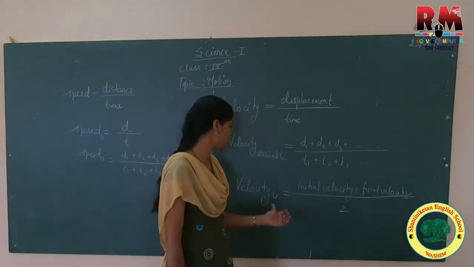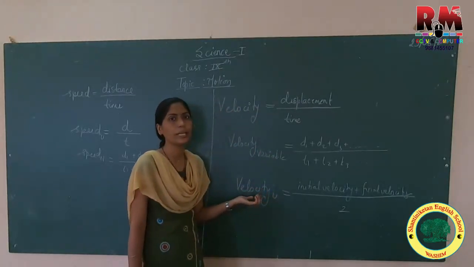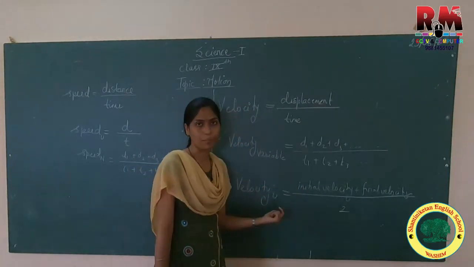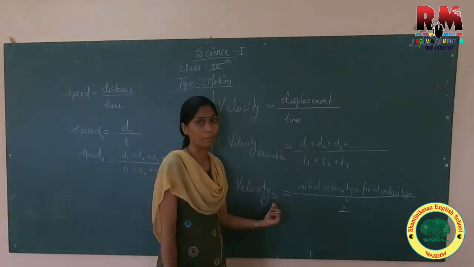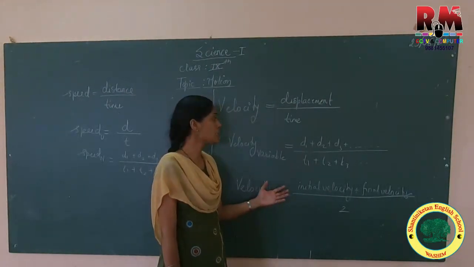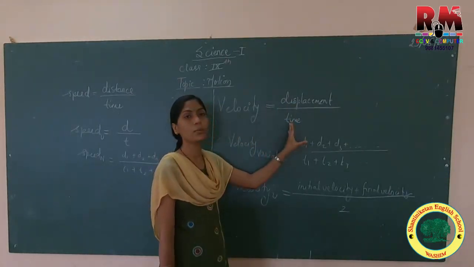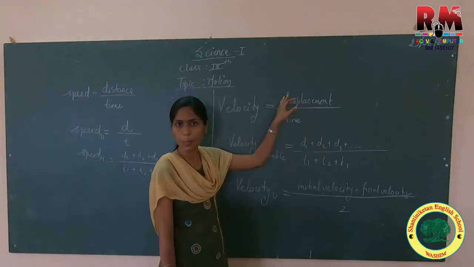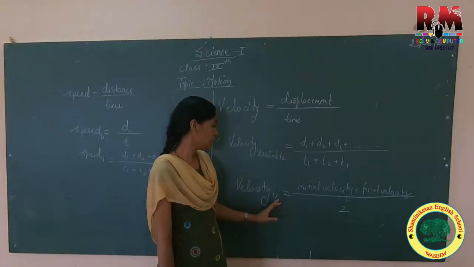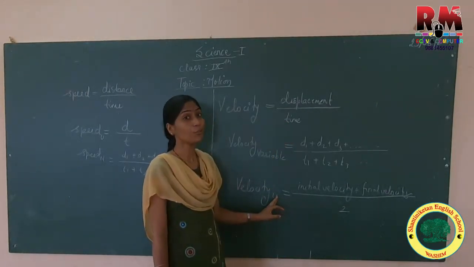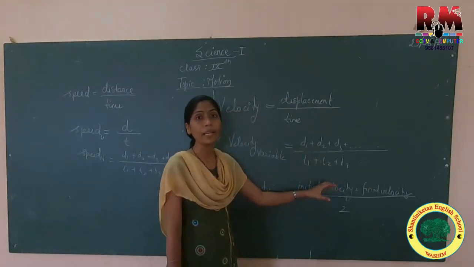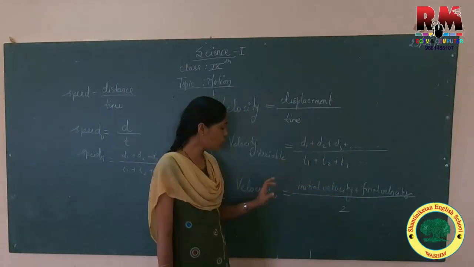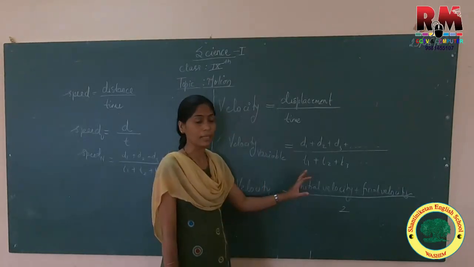So it is average. How do we find the average of any value? If it is of the same type. Your velocity is not of the same type but velocity is uniform. Uniform motion means equal displacement in equal interval of time. Then that velocity is said to be uniform velocity. So we have to find the average velocity of those given values.